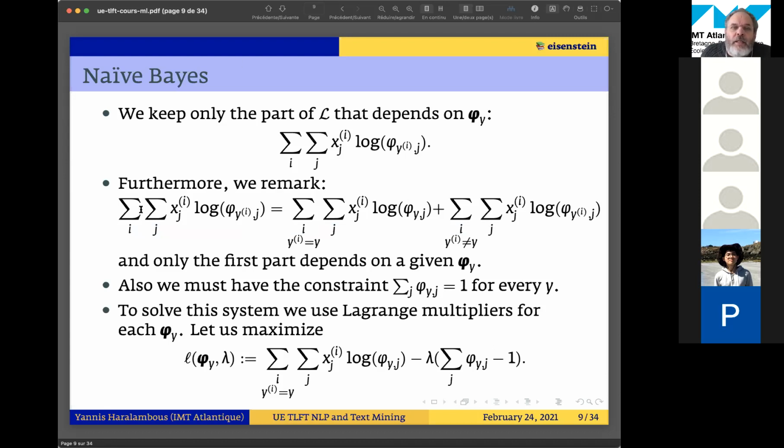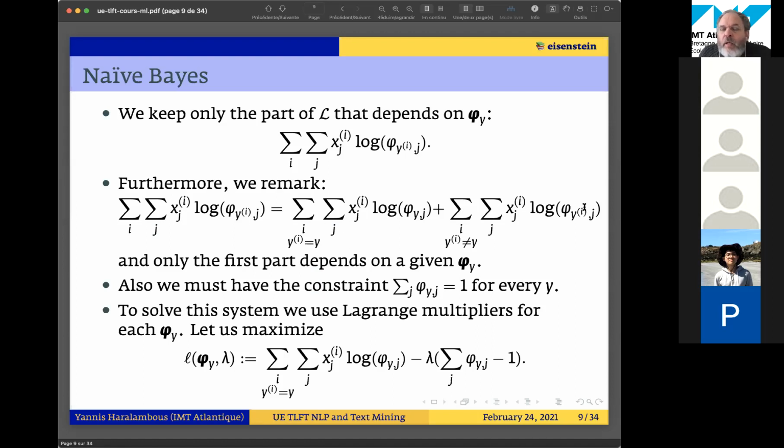What I can say is that this sum can be split into two parts. The first part is the case where the document has the same class y, belongs to this class. And the second part is the remaining, whenever the document i does not belong to that class.